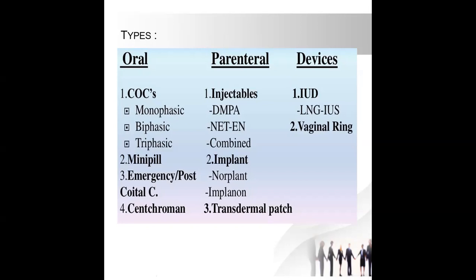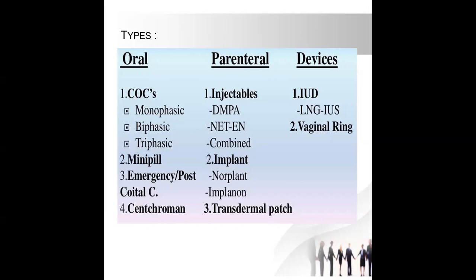Apart from that, injectables include combined preparations, and we also have implants, called Norplant and Implanon. And we also have transdermal patches, which are used as parenteral preparations, that is, other than oral preparations. Injectables, implants, and transdermal patches in females.